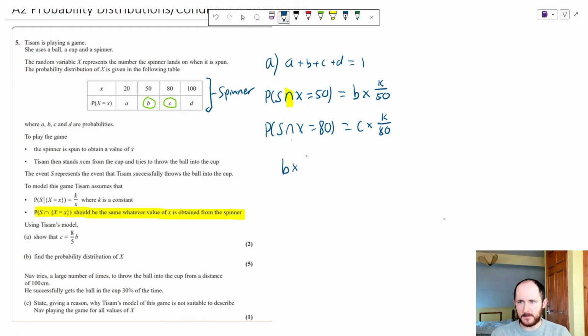We have B times K over 50 equals C times K over 80. And you might be able to see where we're going to go next. I can cancel K from both sides. And then I'm just going to times both sides by 80. Because that gives me B times 80 over 50 equals C. Again, we can cancel that down. So in other words, C is 8/5 of B.